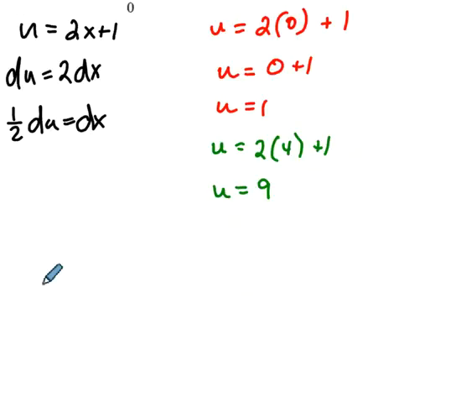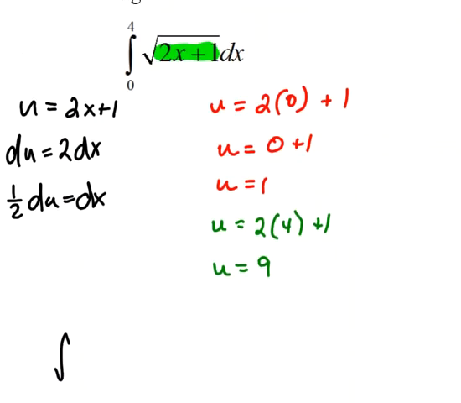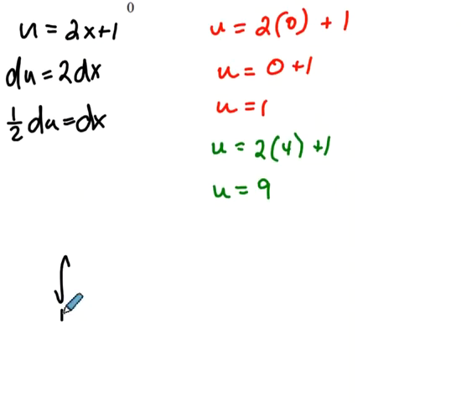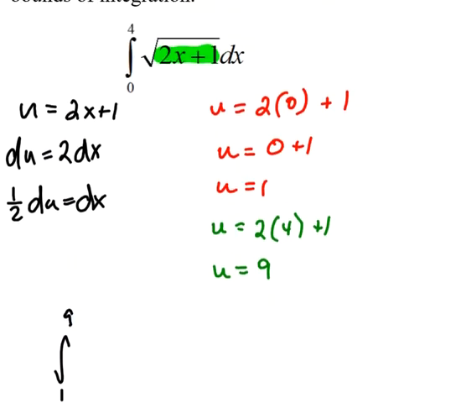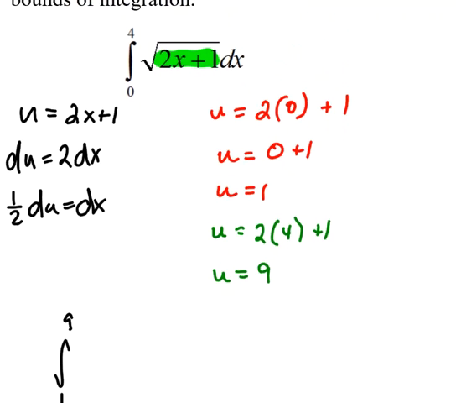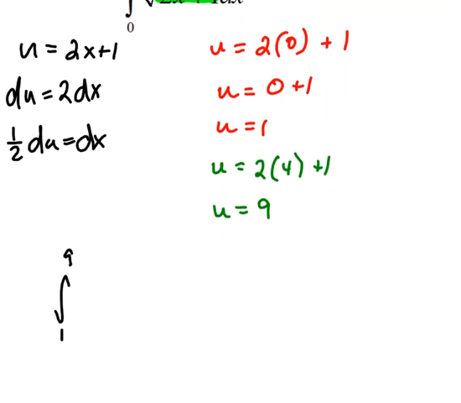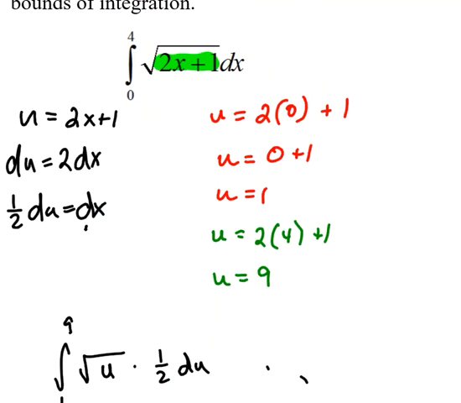So now my integral, we had 0 to 4 before, and now it's going to be from 1 to 9. Because when x was 0, u was 1. When x was 4, u was 9. And then I'm going to have square root of u, and then 1/2 du. So I'm changing my dx to 1/2 du.